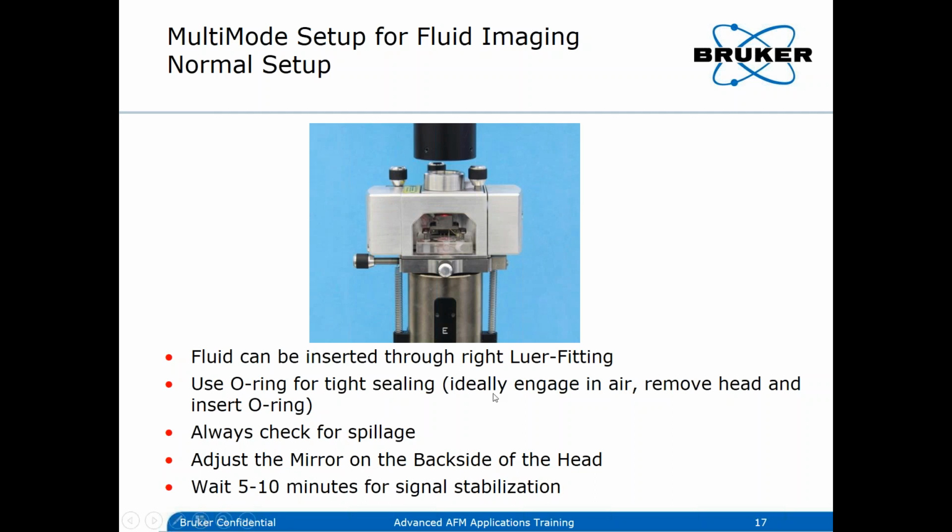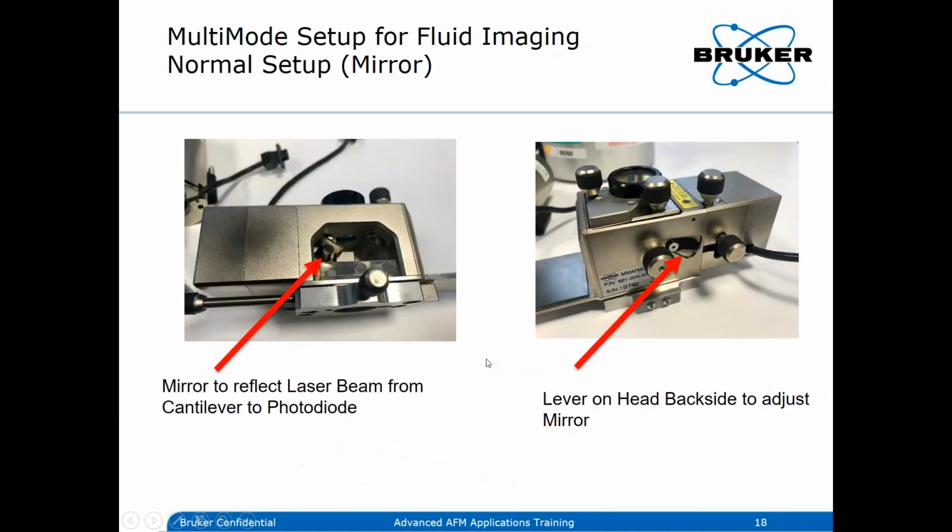There's a mirror. I'm coming to that in the next image, which needs adjustment on the multi-mode. Overall, and the same goes actually for the icon, you should wait 5 to 10 minutes so that this signal stabilizes and the system comes into equilibrium. Here you can see from the multi-mode head the mirror, which usually just reflects the laser beam, which goes from the top down on the cantilever into the mirror and then into the photodiode.